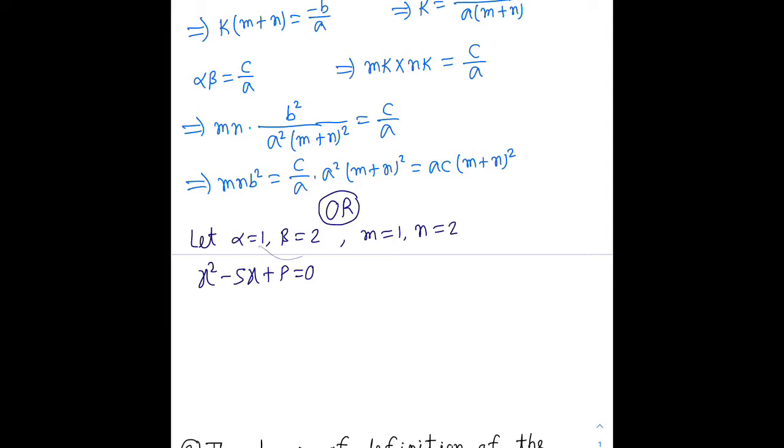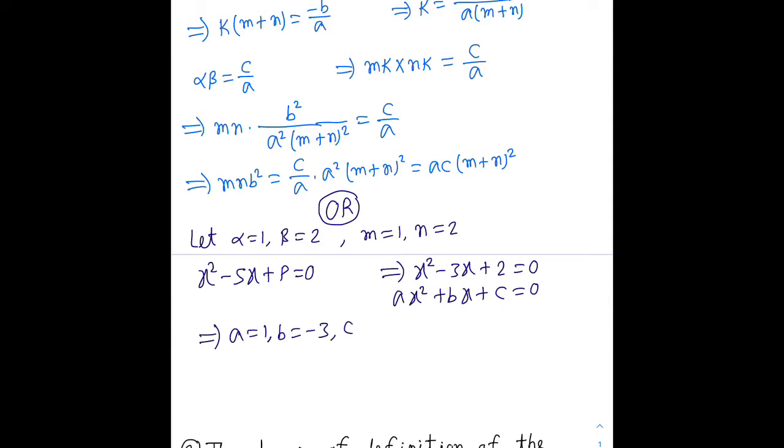In this case 1 plus 2, 3, is the sum of roots, so you will get x square minus 3x, and then the product of roots, 1 into 2, is 2, equal to 0. Now if you compare it with ax square plus bx plus c, you will get a equal to 1, b equal to minus 3 and c equal to 2.